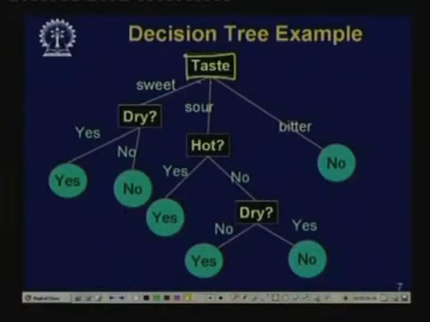Note that the depth of the different leaves varies. For example, if the taste is bitter, this food is not liked irrespective of the other attributes. If the food is sour, then if it is hot, it is liked. If it is not hot, but it is not dry also, then it is liked, otherwise it is not liked, and so on.